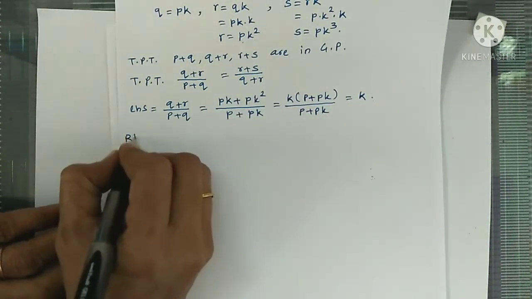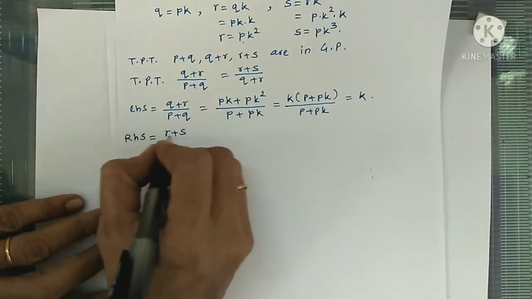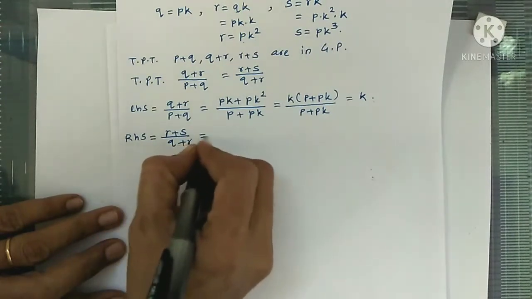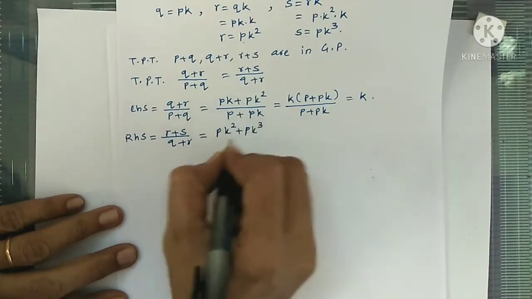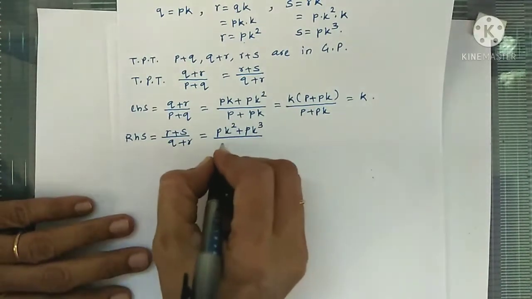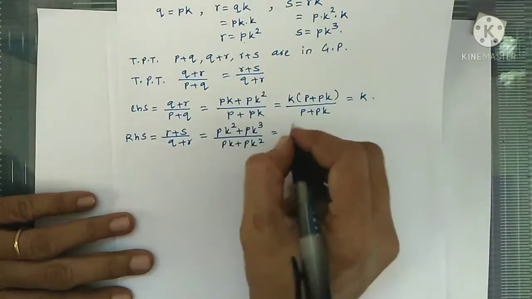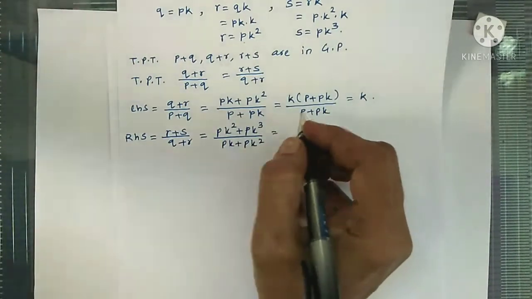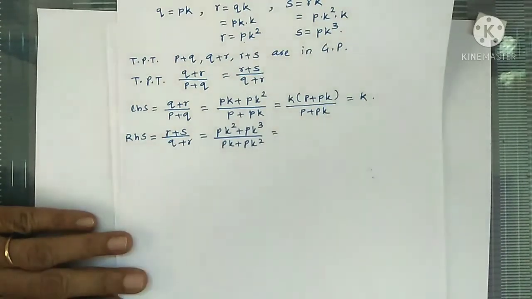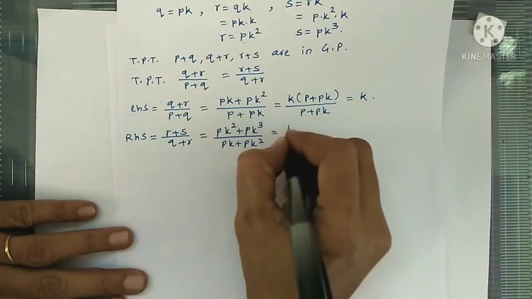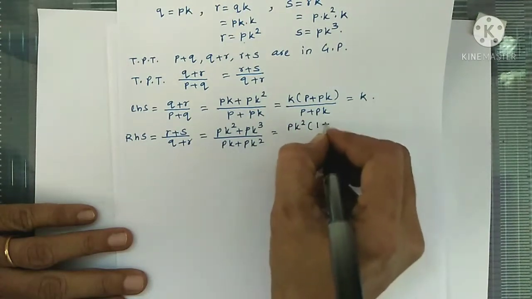Now let's write the right-hand side and find out whether it is also K or not. So R plus S upon Q plus R. R is P into K square, S is P into K cube, Q is P into K and R is P into K square. So let's take P into K square common in the numerator.